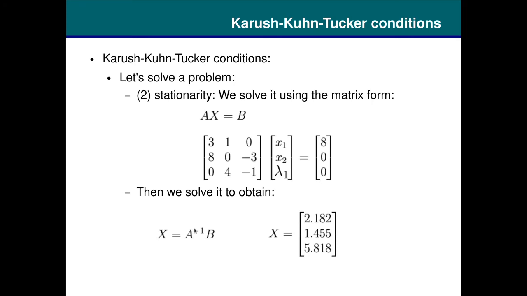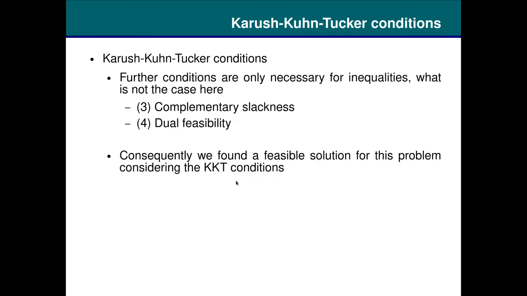Solving this and finding this matrix, what I will have is x1 equals 2.182, x2 equals 1.455, and lambda 1 equals 5.818. Okay? I'm going to carry on. Further conditions are only necessary for inequalities. Remember, the third and the fourth are only necessary for inequalities.